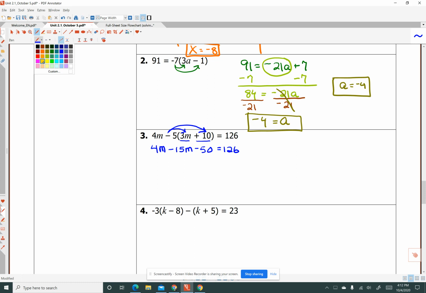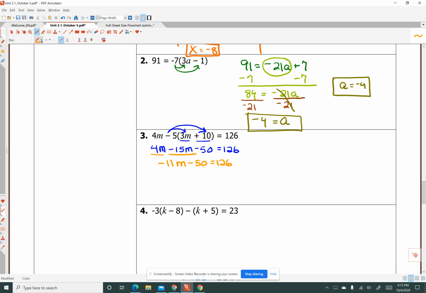Now, at this point, we need to combine like terms. I've got negative 15m and I have 4m. So when I combine those, I will have negative 11m minus 50 equals 126.